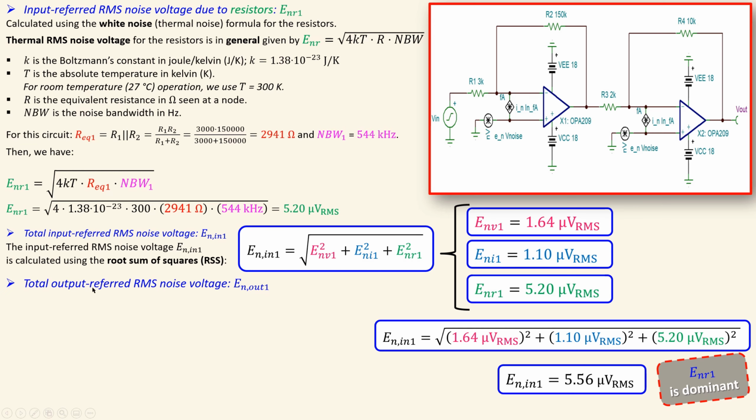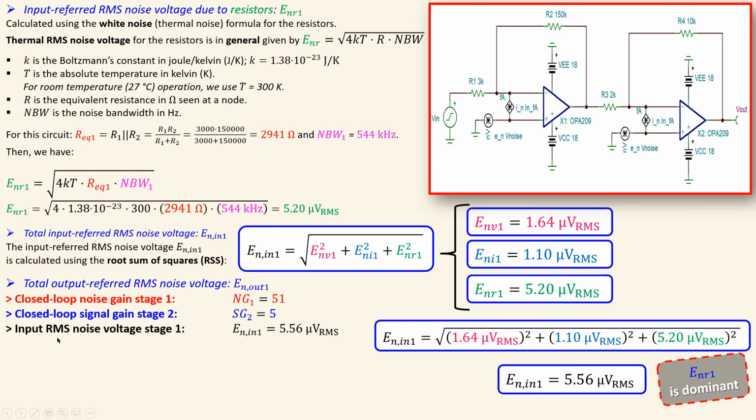Now the total output referred RMS noise voltage due to the first stage, considering the second stage as noiseless, needs the following. The closed loop noise gain of the first stage was 51. The closed loop signal gain of the second stage, because we consider this as noise free, is 5. Of course in magnitude it was -5, we just take the magnitude.